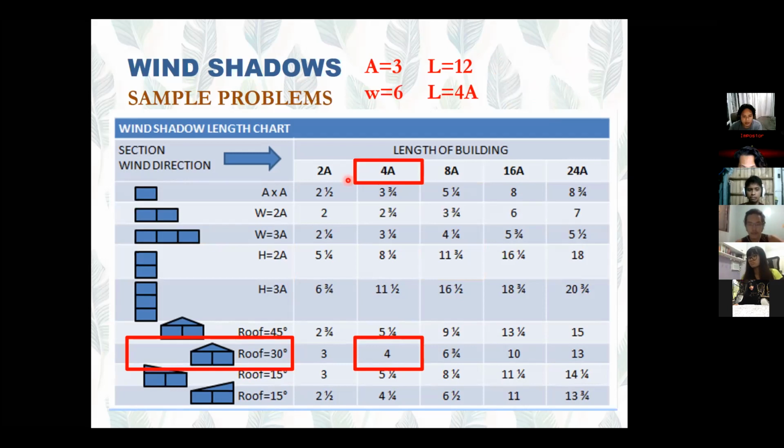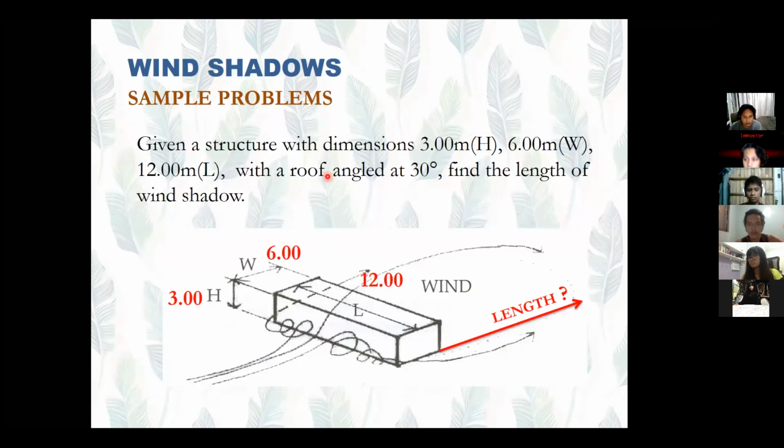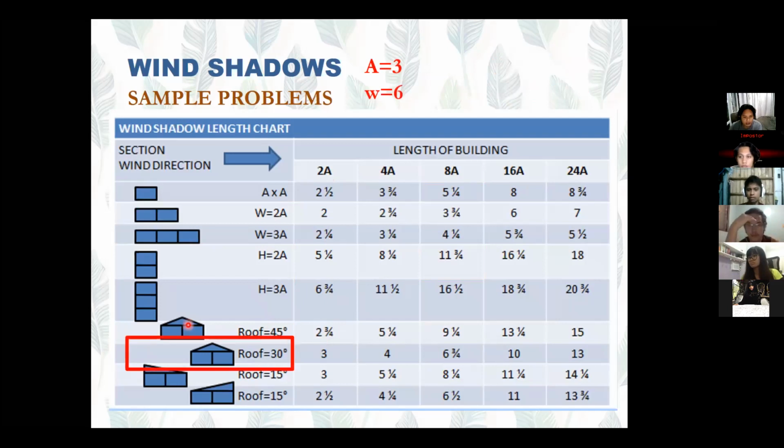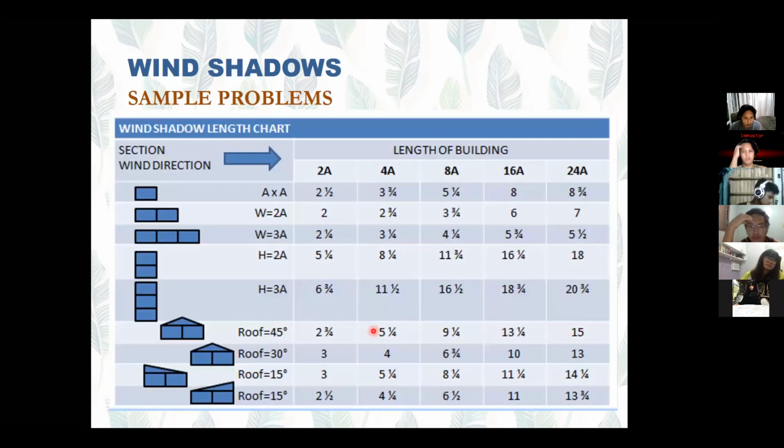This time is my roof. Yan siya. Naka-roof, angled yung roof. Yan, makita niyo naman siguro yung roof dito, di ba? Ito, example. 3 meters height, 6 meters width, 12 meters length. Pero may roof siya angled at 30 degrees. So meaning after the 3 meters height, may roof pa yan siya. Okay? So makita niyo ito yung height niya plus may roof.